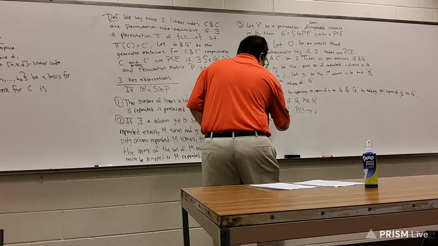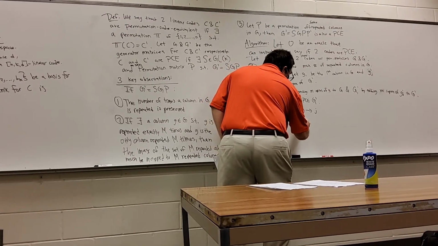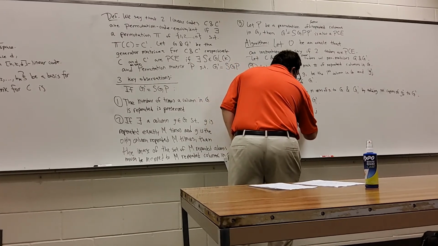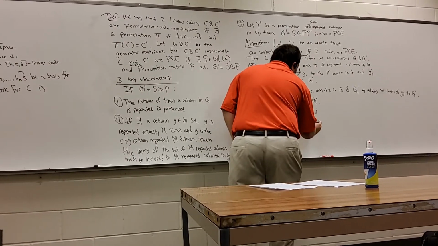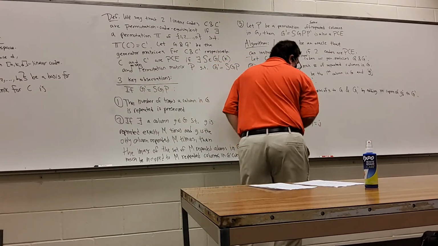So there exists a permutation code equivalence such that, I'll call it pi, pi of 1 is equal to J.